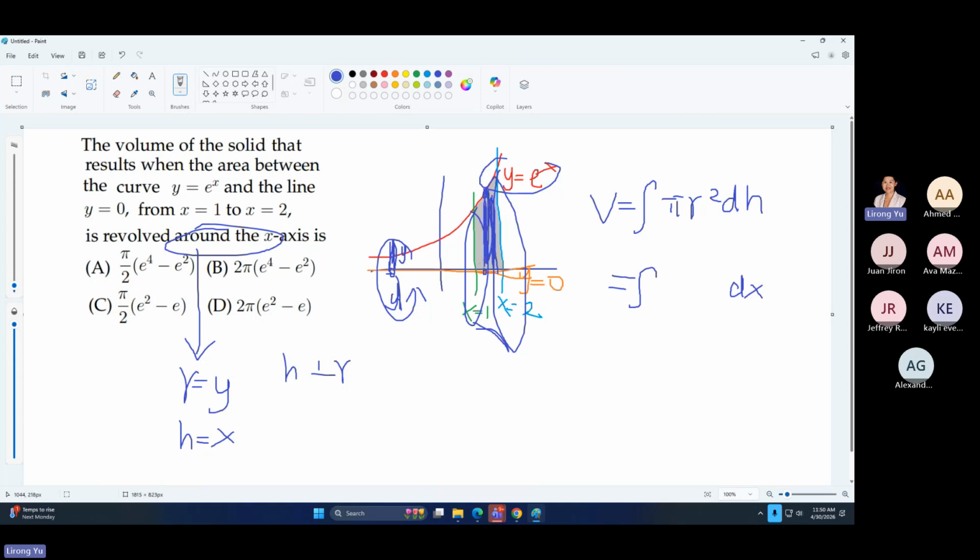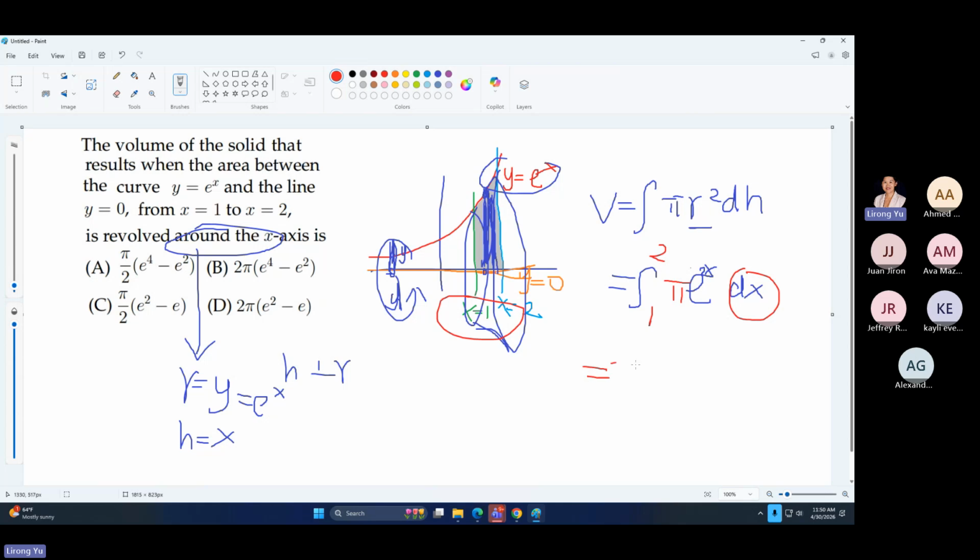So r equals y, and y equals e to the x. Then r squared becomes e to the x squared, or e to the 2x. That's the r squared part. Okay, and we would do pi e to the 2x, the integration variable is x, from 1 to 2, so it's the integral from 1 to 2 of pi times e to the 2x dx.